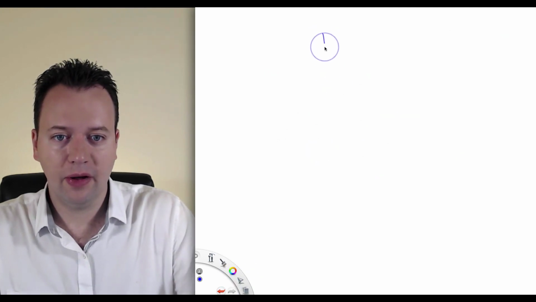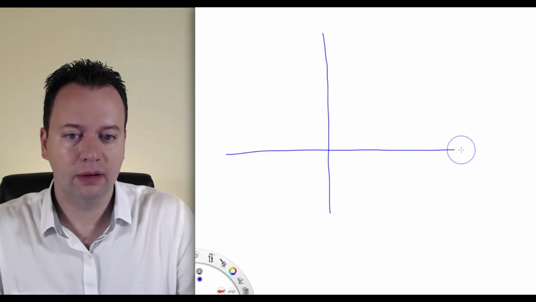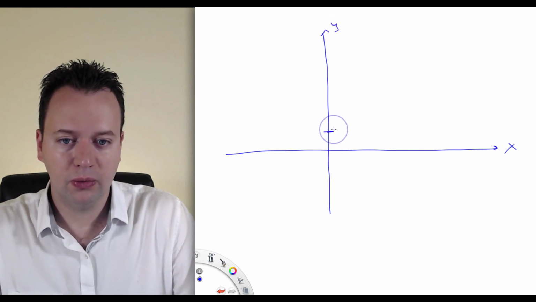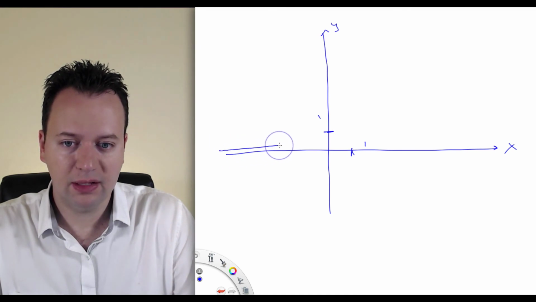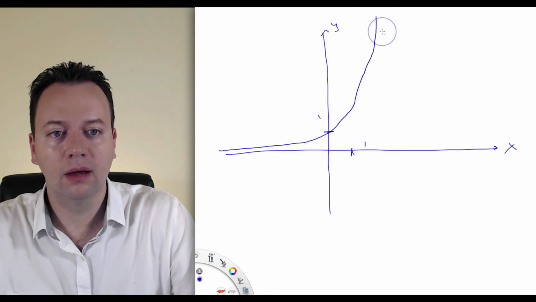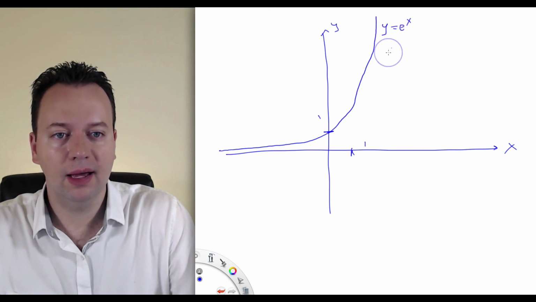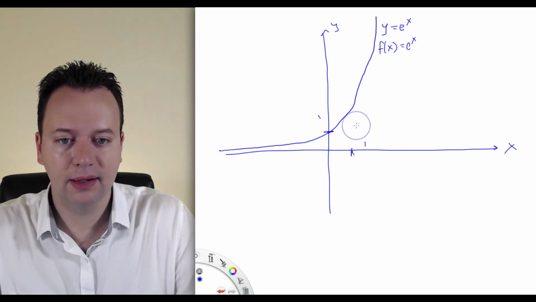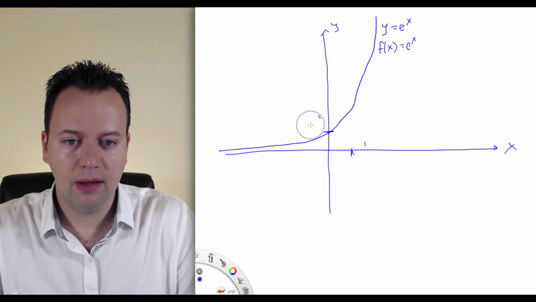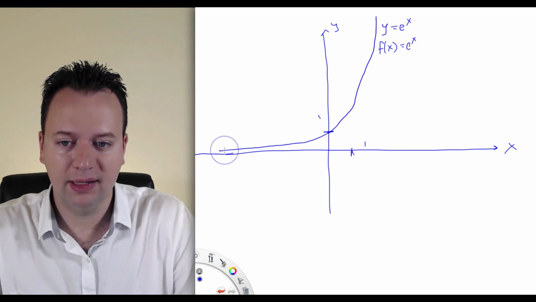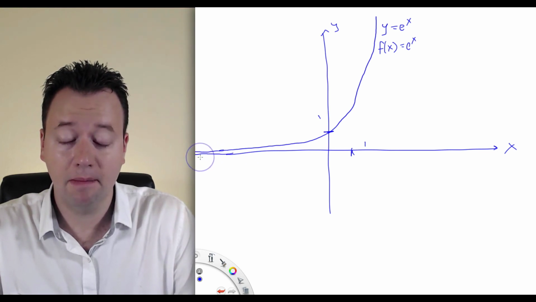Furthermore, if we think about the graphs, so here's 1, and there's 1. If I think about the graph of e to the x, that's y is equal to e to the x. I'll say f of x is equal to e to the x. For negative x values, it gets smaller and smaller, and it basically decays exponentially as x goes to minus infinity.